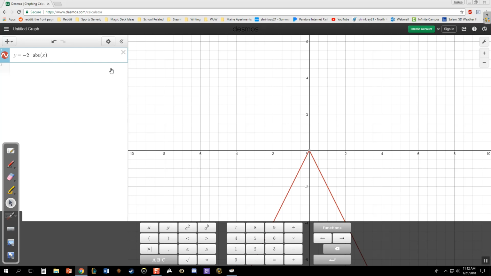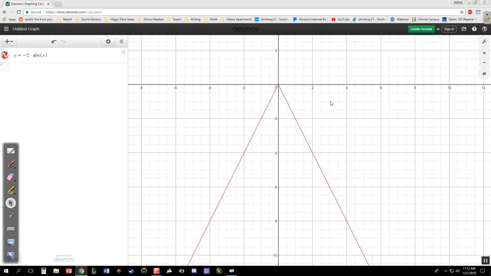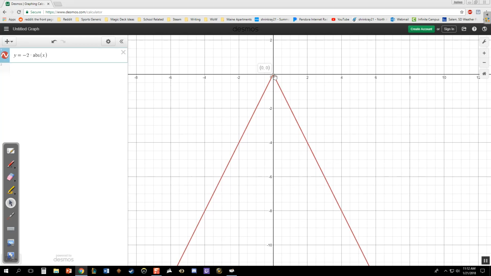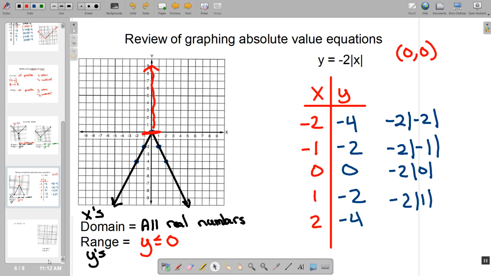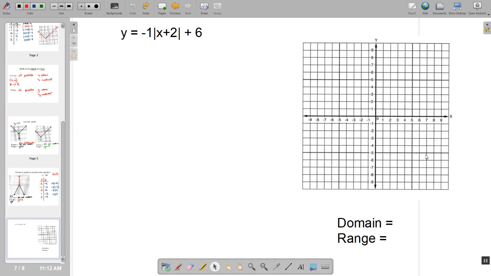Close my parentheses, and there is my graph. Now what's really nice about this is I can see what the vertex is just by hovering over it, and clicking on it will show me the vertex. I can also find other ordered pairs on here, but the one I care the most about is right there. So let's graph one more and then check it on Desmos here.